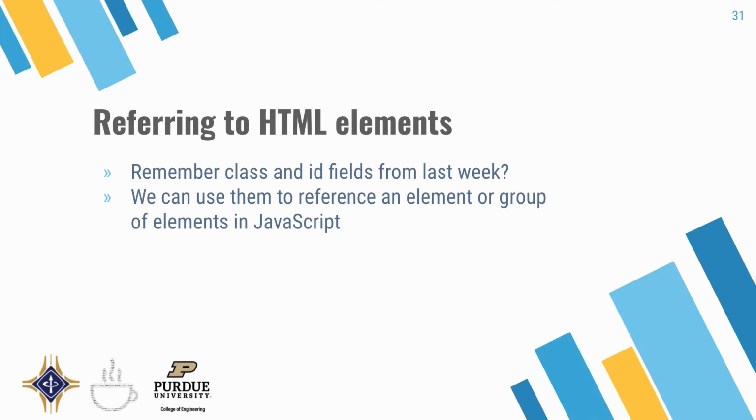And then you can use these to reference the elements or the group of elements. The group of elements being a class, and an individual element in theory being the ID. And you can reference those in JavaScript by calling their ID or class name that you gave them in HTML. And then they can be modified, retrieved, used to perform operations.